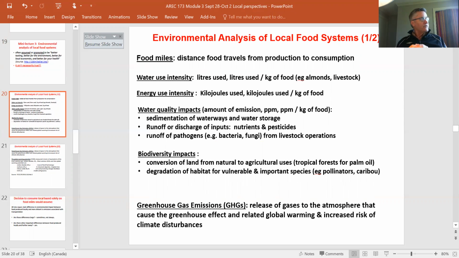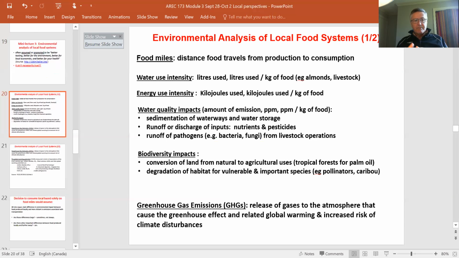So if I grow tomatoes in my back garden, it will be better for the environment than if I get my tomatoes from someone around the corner, or from a greenhouse on the outskirts of Edmonton, or from Mexico, right? The further the food has traveled, everything else equal, maybe that's how I should judge the environmental impact.